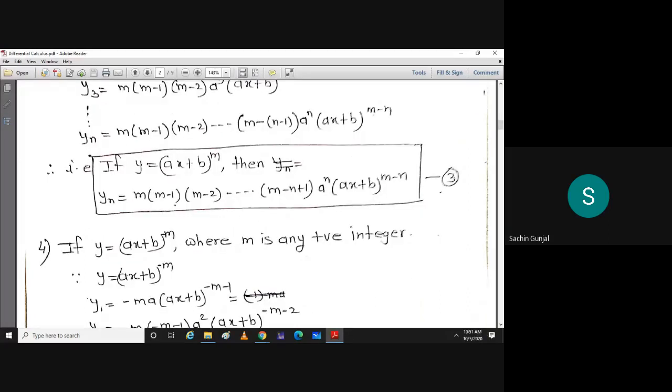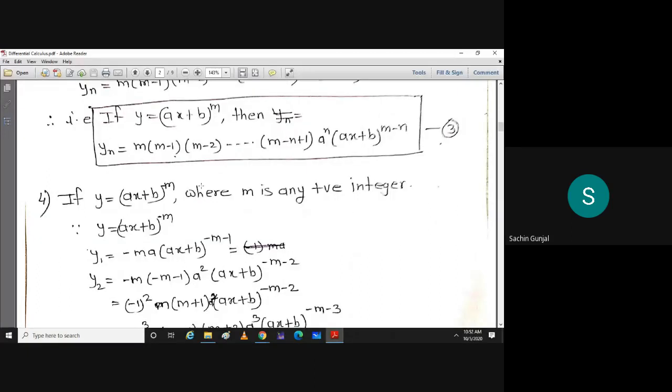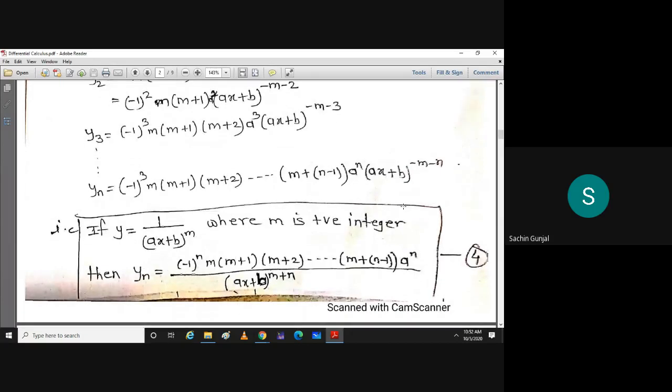Okay, then we made some cases on m. If we write that m as minus m, where m is a positive integer, then we have derived the formula for nth derivative as minus 1 raised to n, m into m plus 1, m plus 2, and so on, m plus n minus 1, into a raised to n upon (ax plus b) raised to m plus n.